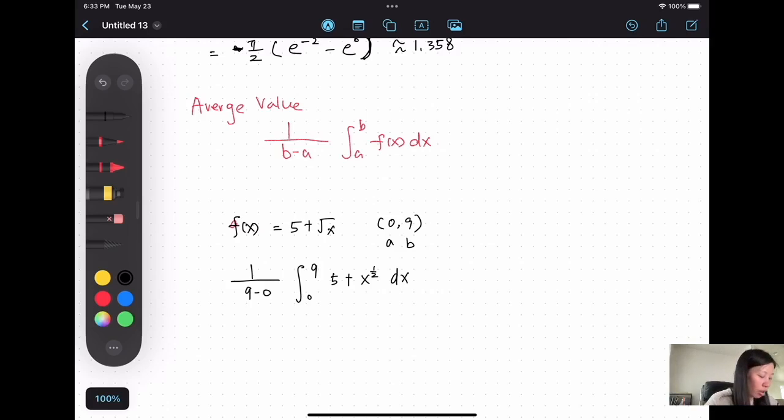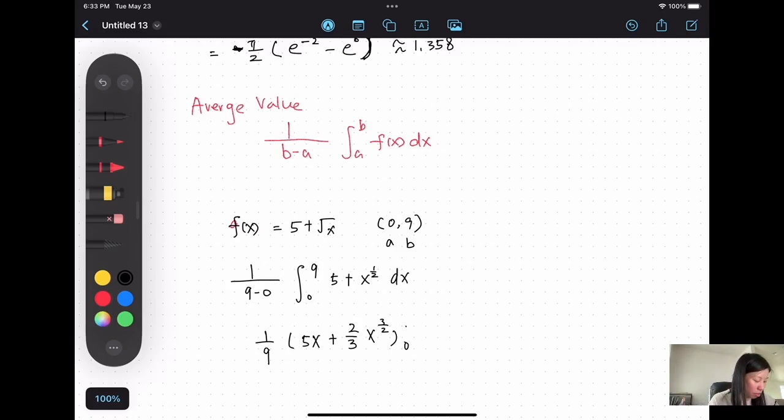Okay, so I have 1/9 times the antiderivative, which equals 5 times 2/3 of x to the 3/2.